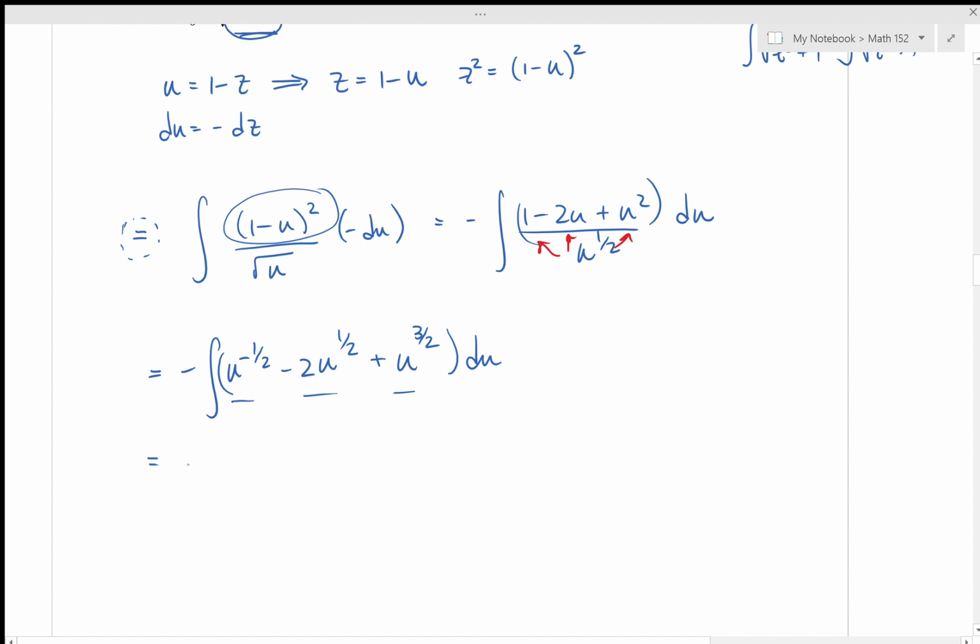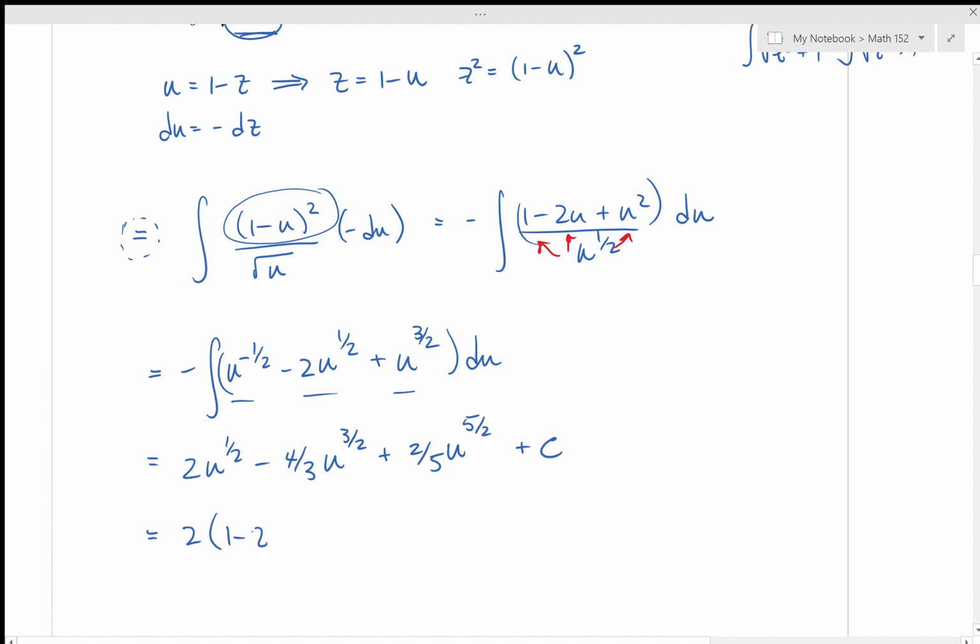So I have here 2 u to the 1/2 minus 4/3 u to the 3/2 plus 2/5 u to the 5/2 plus the constant. Then I back substitute and I get 2, and then what is u?